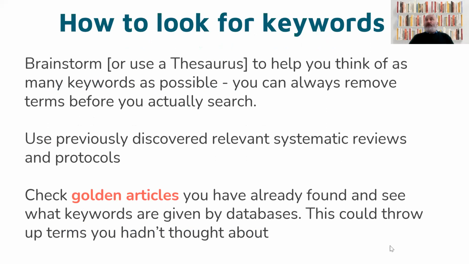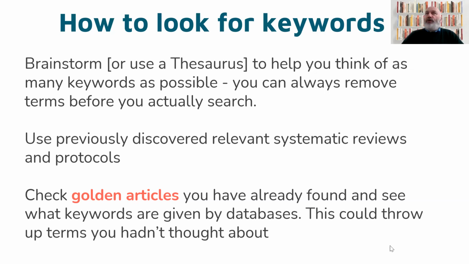And once you've got your framework and you've identified which bits fit within which element of the framework, you need to start thinking of keywords. It's really important that you have a really thorough and complete search. Remember, the objective is always to find all the literature that will answer your question.